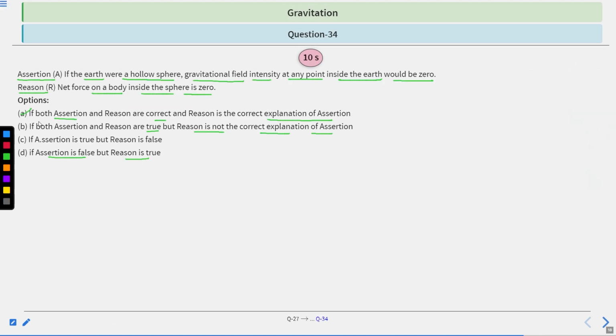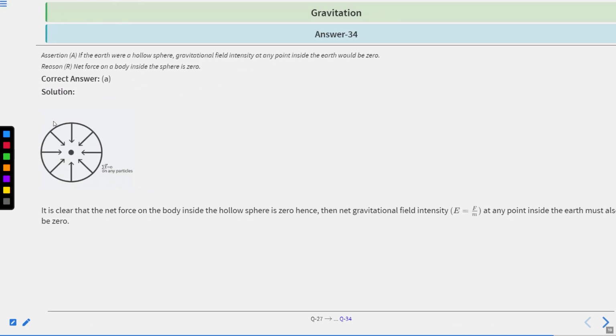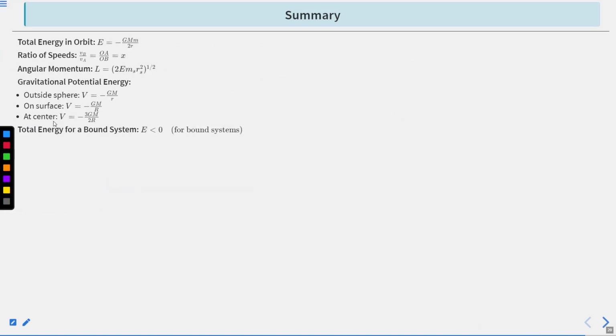Now, summary: we learned total energy in orbit, which is equal to minus GMm divided by 2r. Ratio of speeds, angular momentum. Gravitational potential energy outside the sphere, V is equal to minus GM divided by r.